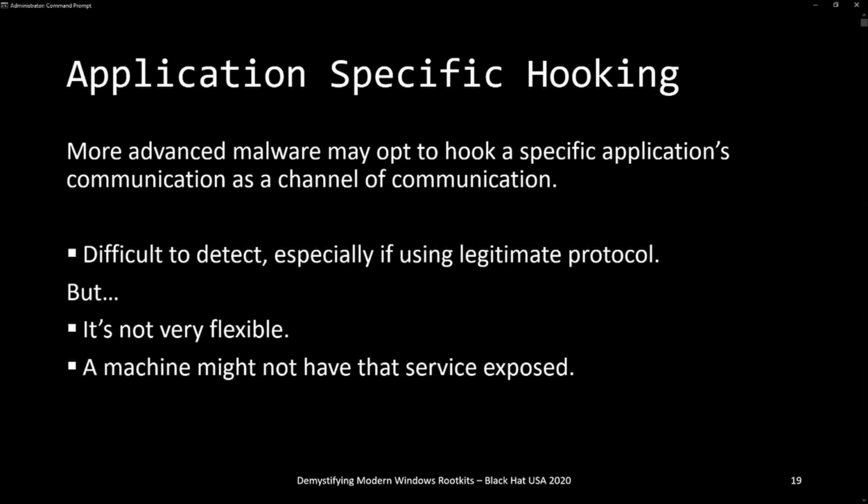This is where you piggyback on one application's communication channel to receive communications directly from the C2. Now, this is incredibly difficult to detect, especially if it's using a legitimate protocol, but it's not very flexible, because if the machine you're infecting doesn't have that one service exposed, then you're going to be out of luck unless you have backup communication methods exposed as well.